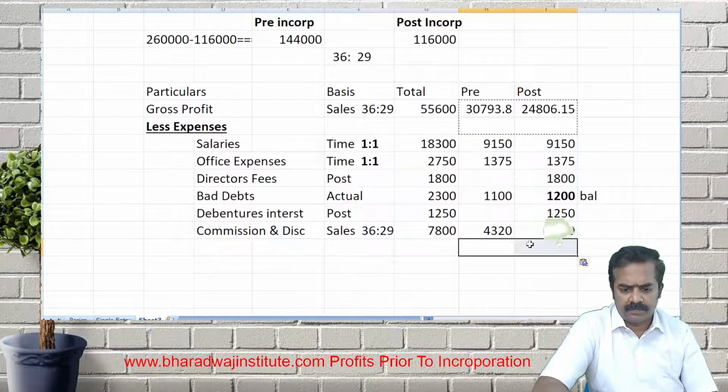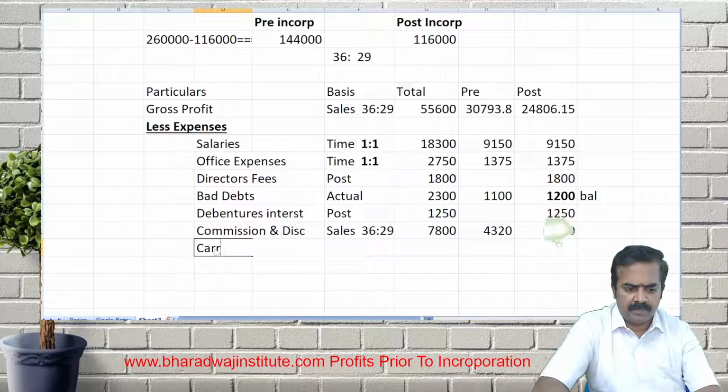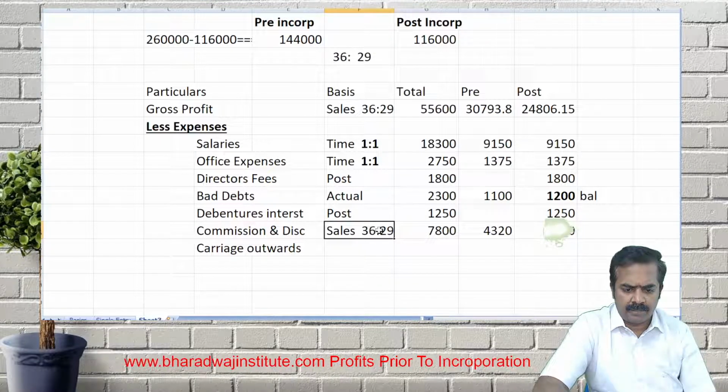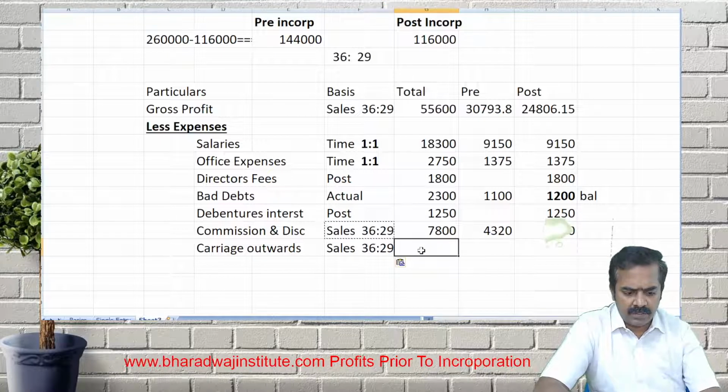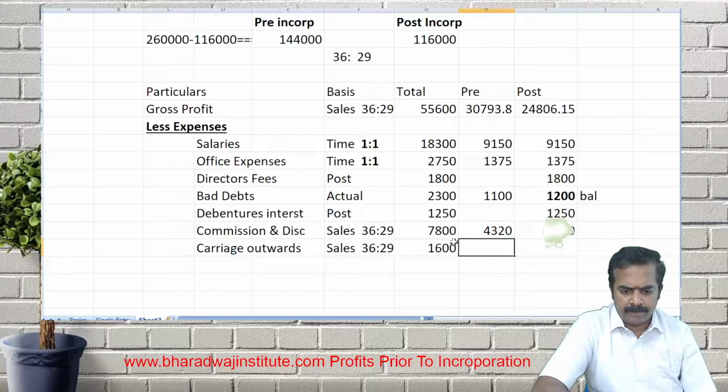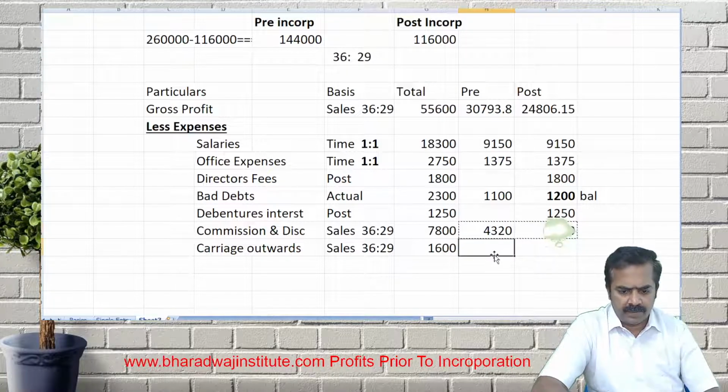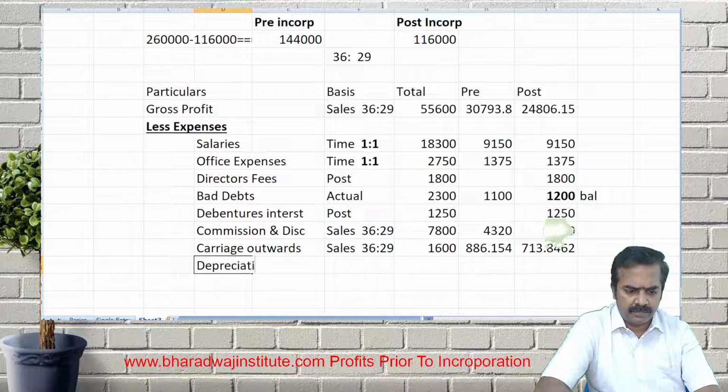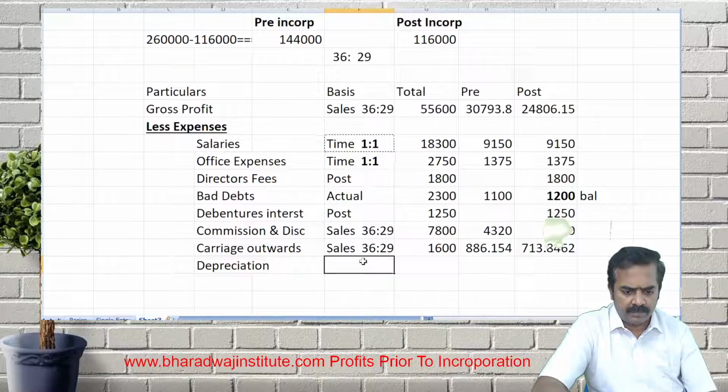Then carriage outwards. What is the sales ratio amount? 1,600. Then depreciation, time ratio. How much amount? 10,300.